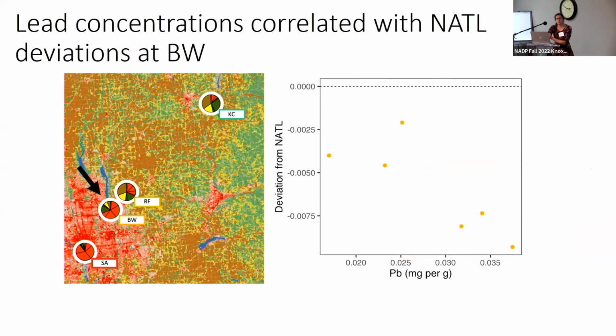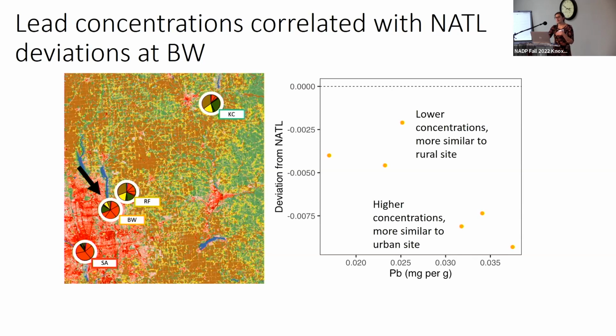So just to point out where this site is located on the map, this is a site that is located basically right along the outer belt of the city. So it's right where there's this transition from developed land into a lot of farmland. And if we take a look at the deviation from this trend line, it correlates with the concentration of lead in our samples.